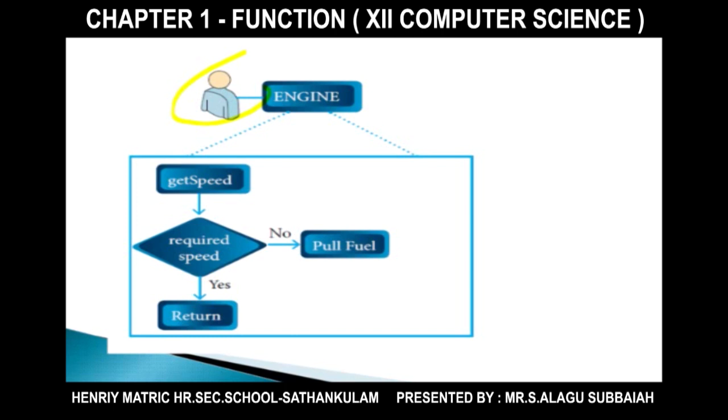So he doesn't worry about anything else. Suppose he wants to speed up the vehicle, he presses the accelerator. So here the accelerator is the interface between the person and the engine. He does not care about the internal working of the vehicle or car.